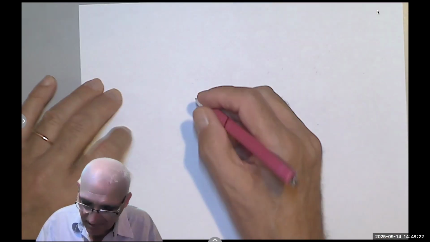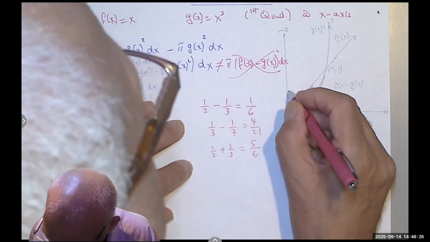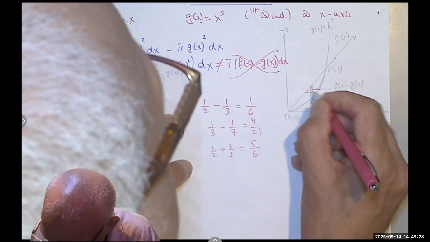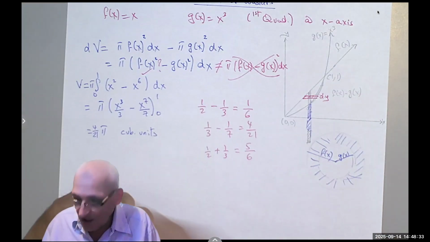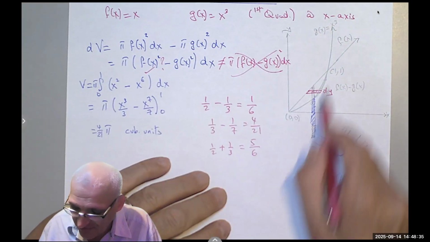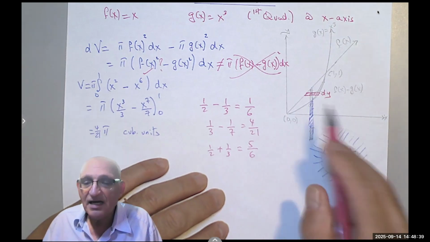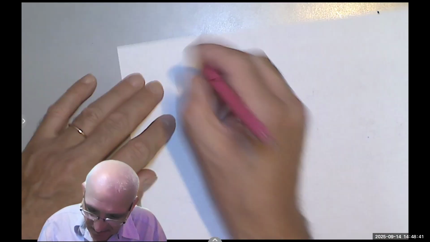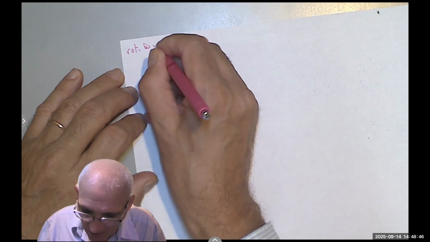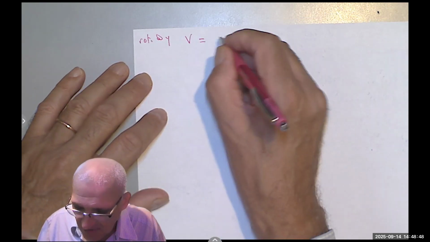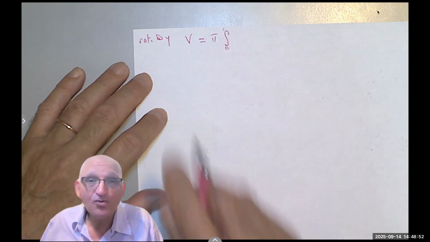So now, do you see what will happen? First of all, I have to express my piece in terms of y because I'm going to rotate it about the y-axis. So the outer is g of x, the inner is f of x. The volume equals pi, a constant, so let's take it out, integral from 0 to 1.